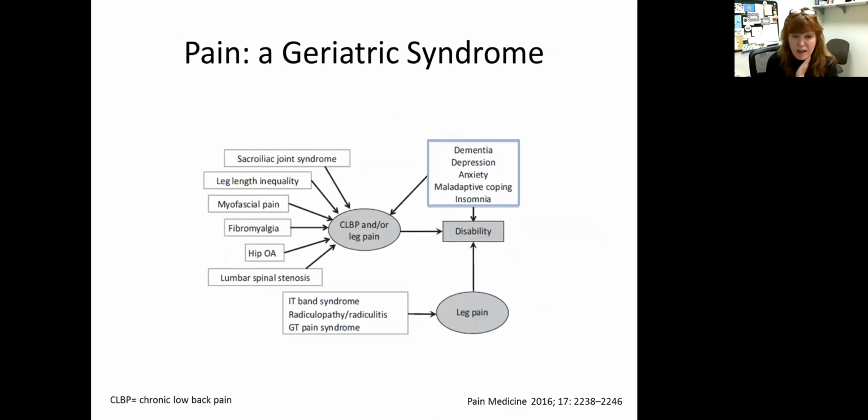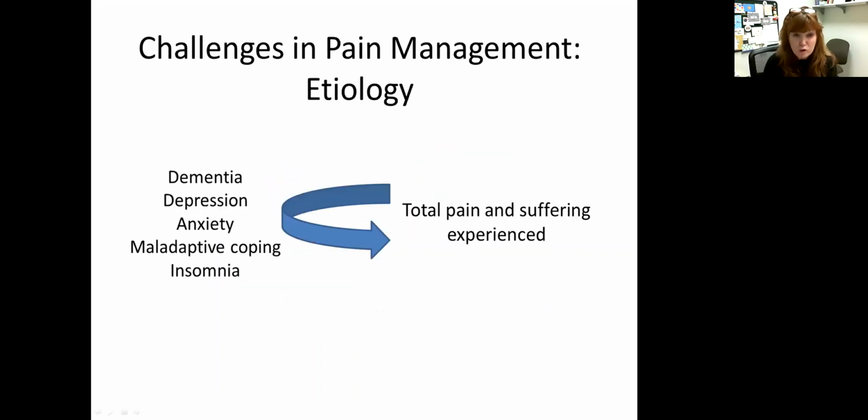Part of the reason for this multimodal approach, and you may have seen this schematic before, and this is looking at leg pain, is that pain is multidimensional, multi-causal. There are the physical reasons why a patient may have pain, but then focusing here, these things also can be contributors, and they also can be challenging for pain management.